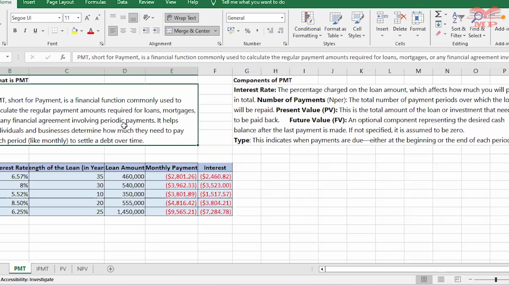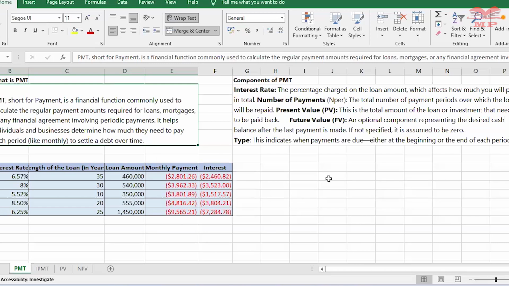There are certain other payments, which we'll discuss, where you're supposed to make a payment at the beginning of every period. That period could be a month or the beginning of the year. But usually, most payments are due at the end of some period. So that is a description of what it is.